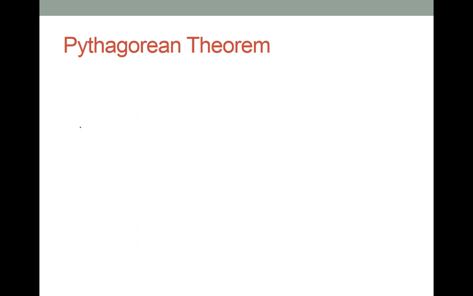What I have is a triangle with a right angle. Typically, we let one side be a, one side be b, and the side that's opposite the 90-degree angle is typically called c. And in that case, c squared equals a squared plus b squared.